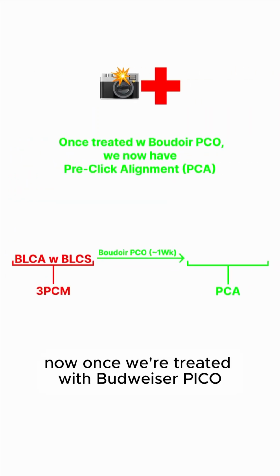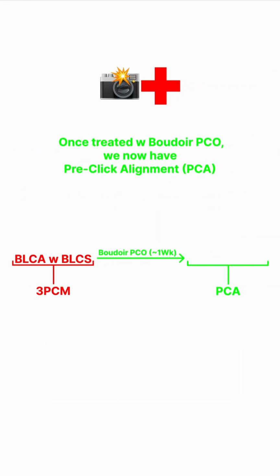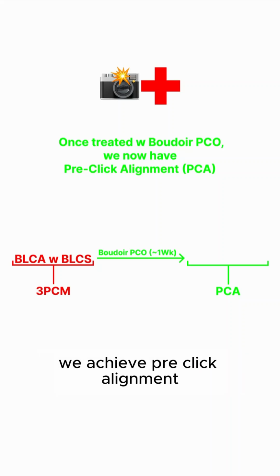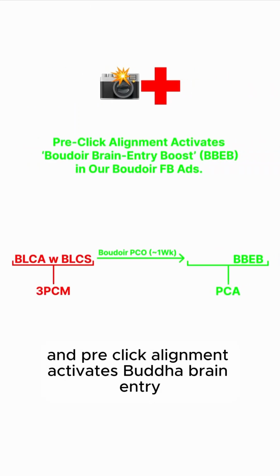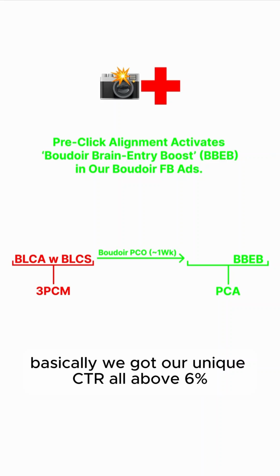Once treated with Boudoir PICO, we now have pre-click alignment, PCA. We got rid of the 3 pre-click mistakes, we achieve pre-click alignment, and pre-click alignment activates Boudoir brain entry boost in our Boudoir Facebook ads. Basically, we got our unique CTR all above 6%.